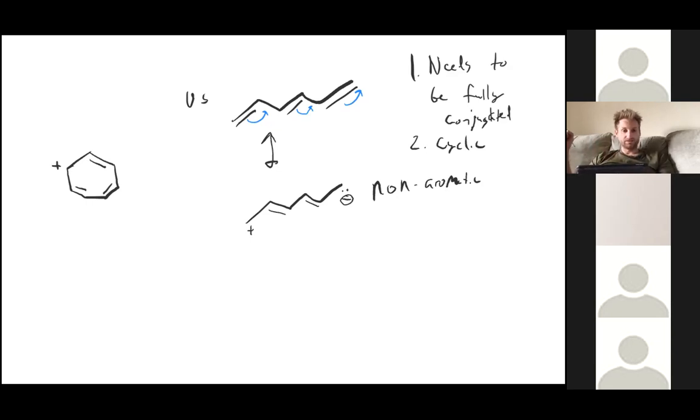So if we look at this 7-membered ring with a plus sign on it, the plus on this center is still sp2, which means that there is a pi orbital at every position. We wanted to think of this like we were doing orbitals before.